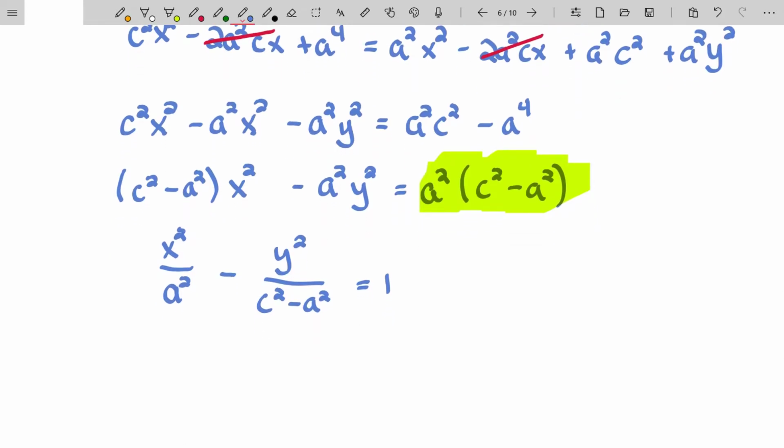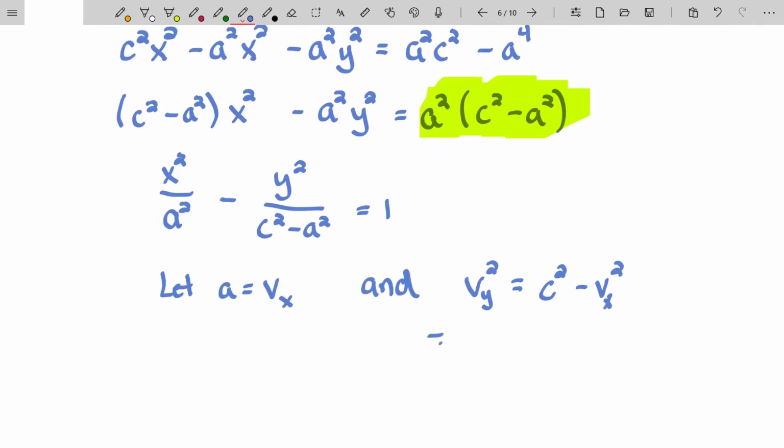Now I'm just going to say, well, we didn't actually know what a was. We know what c was, but we didn't know what a was. We're going to go ahead and let a equal v sub x in this case. And we're going to let v sub y squared equal c squared minus a squared, which, by the way, a, remember, is v sub x.